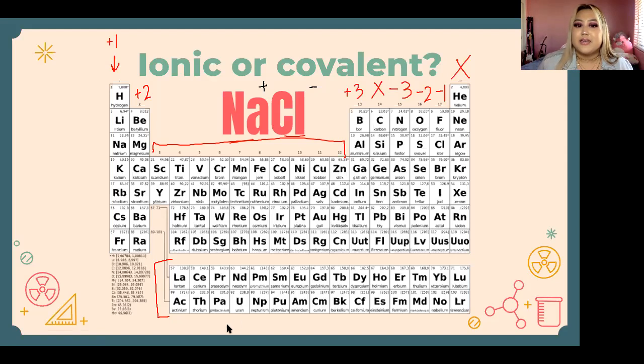You know how there's a staircase that separates the non-metals, semi-metals, and metals. Metals form cations, which produce a positive net charge. If it acts as a non-metal, it's an anion, which produces a negative charge. Does that help? Kind of. Yeah, thank you.